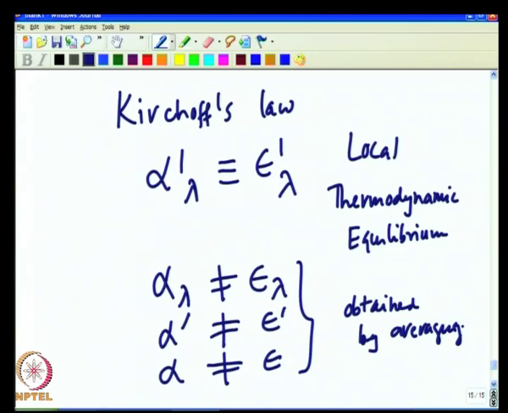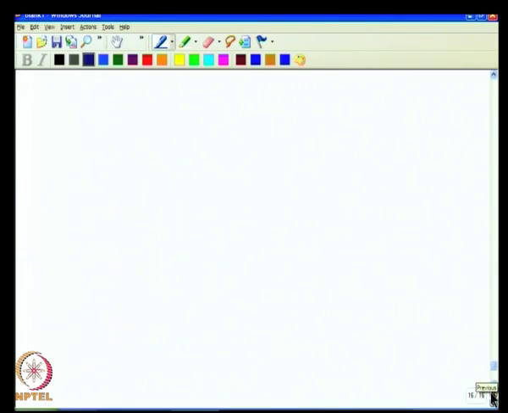Once you average absorption and emission, then things change substantially. And so, I want to illustrate why, for example, alpha prime will not be equal to epsilon prime.